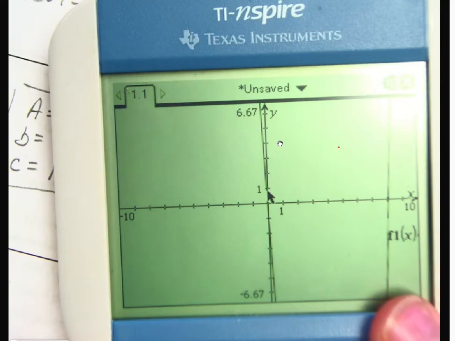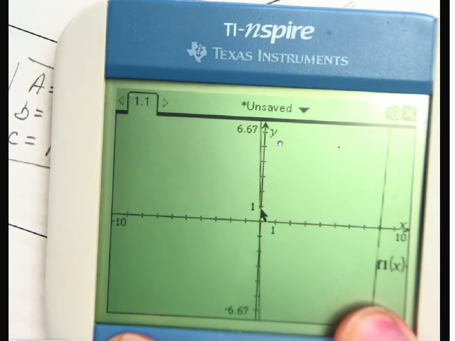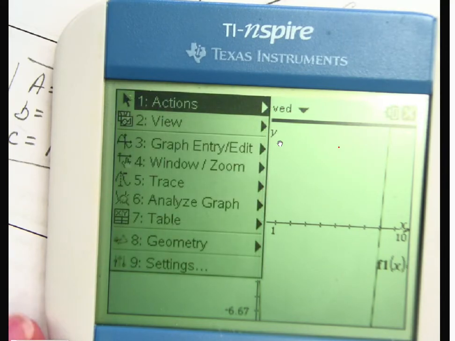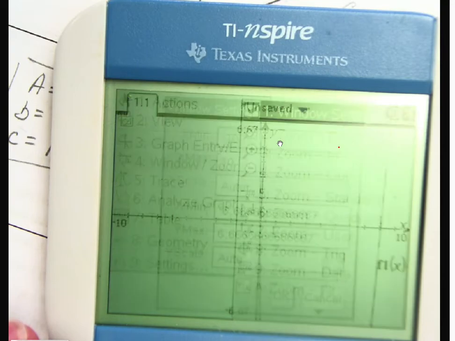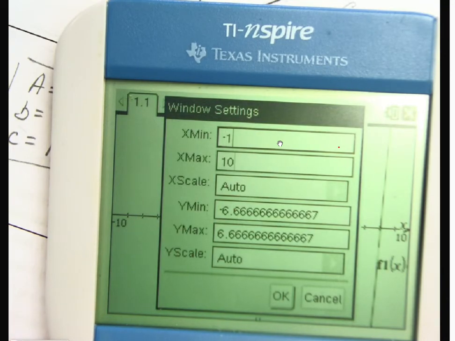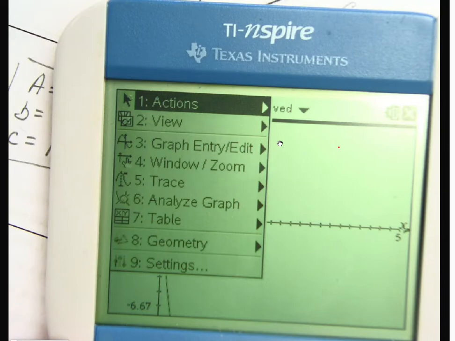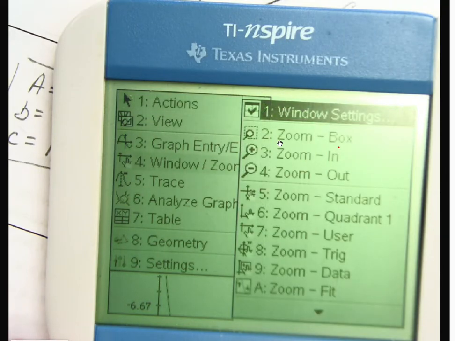So how do I change that on my calculator? Menu, window settings. So we wanted it to be -1 to what? 5. -1 to 5. Now, what do I always want you to do after you change your window? Same Menu, window, and zoom fit, which is A.